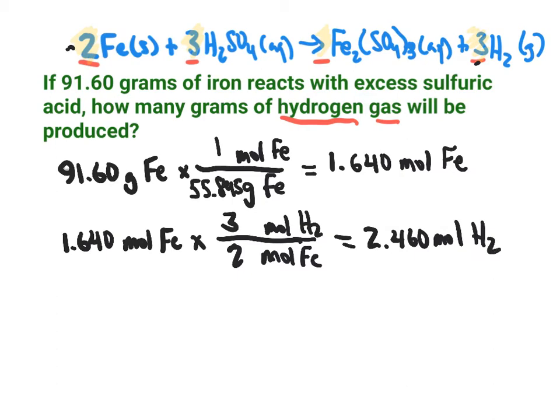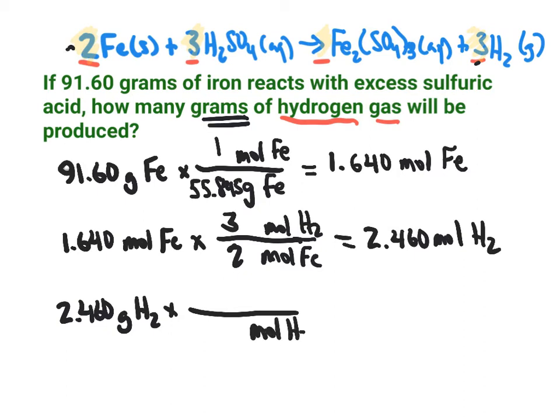Finally, the last step is to go back from moles of hydrogen gas to grams of hydrogen gas, because that's what the question's asking for. If I have made 2.460 moles of hydrogen gas, I go to my periodic table, and I know that for every 1 mole of H2, it's going to have a mass of 2.01588 grams.